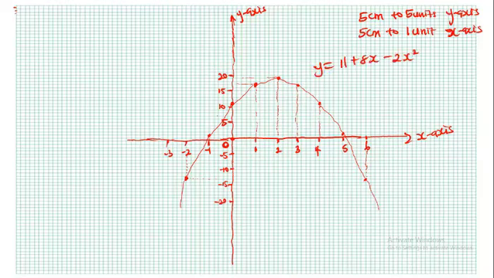And then for the B part of the question, we are asked to find the root of this curve. The root of this curve is the point where this curve cuts the x-axis on both sides. So this is the first point and this is the second point.